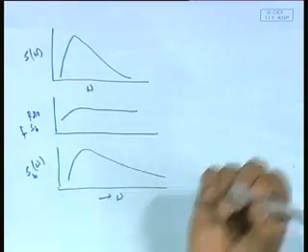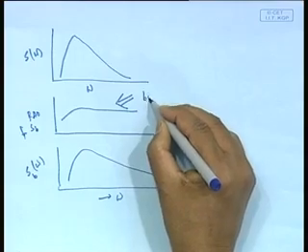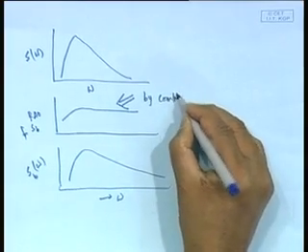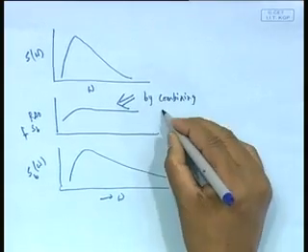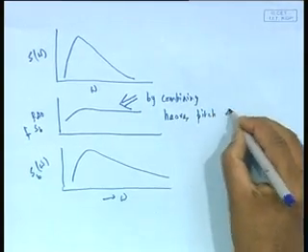See, how did I get that? Remember this, how do I get it? By combining an incident wave.